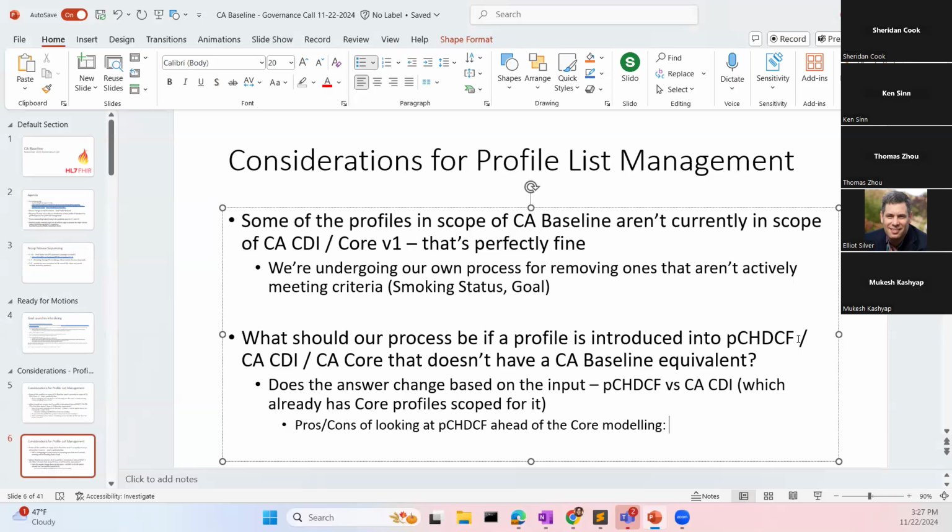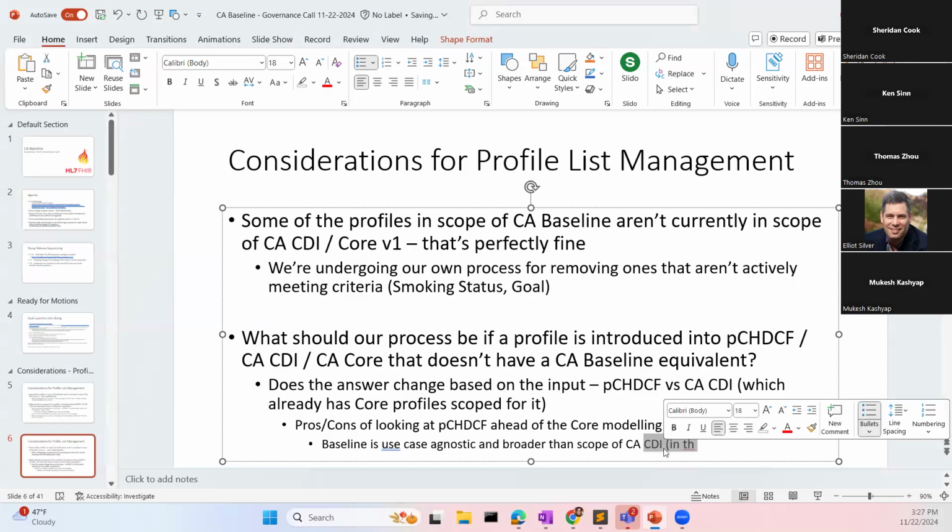So it's beyond the scope that they're thinking of, and CA Baseline should be the largest set of use cases, or completely use case agnostic, but still for which we feel there is some level of need for Canadian alignment.